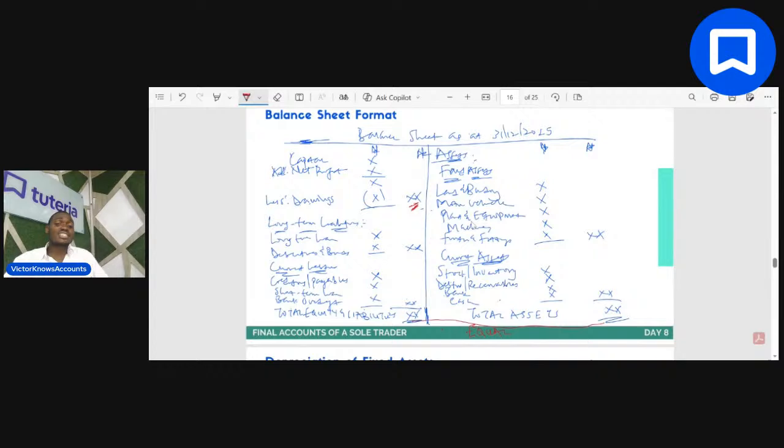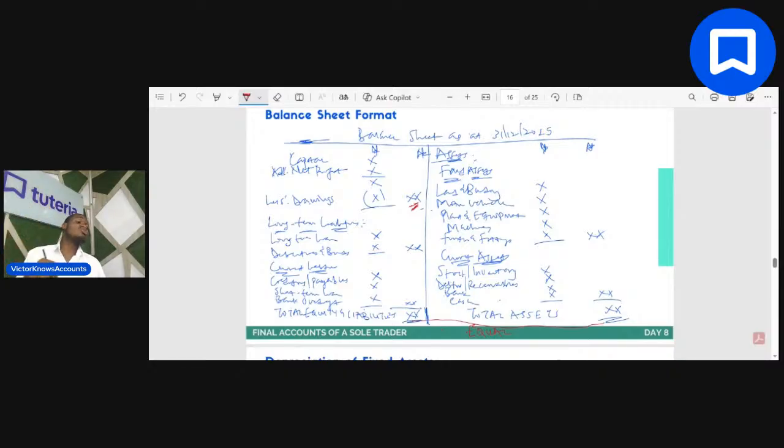Because these things are final accounts. If you don't get your ledgers correctly, your balance sheet cannot be correct. Because at the end of the day, it is all those. For example, your net profit, you got it by first getting gross profit, and your gross profit is sales minus cost of sales. Now, if you don't get your sales account correctly, it means that your sales in the trading account will not be correct.